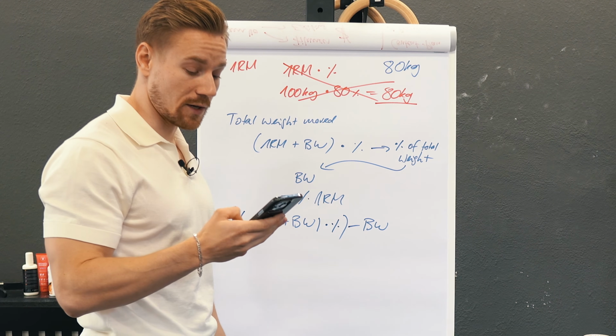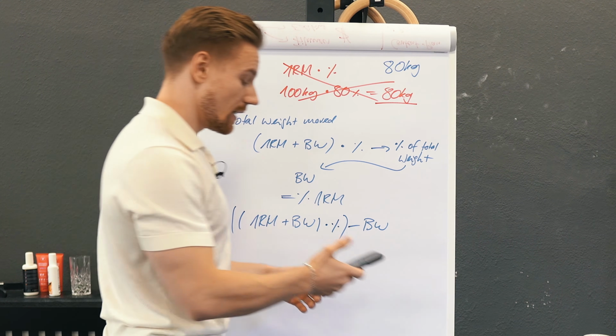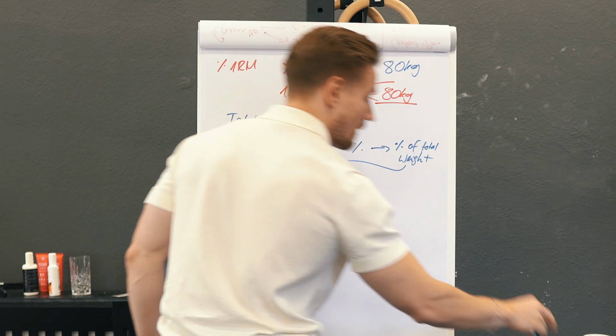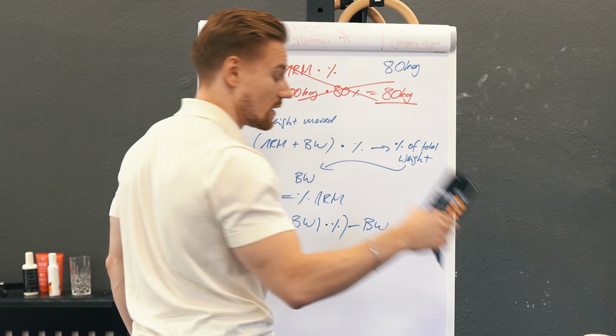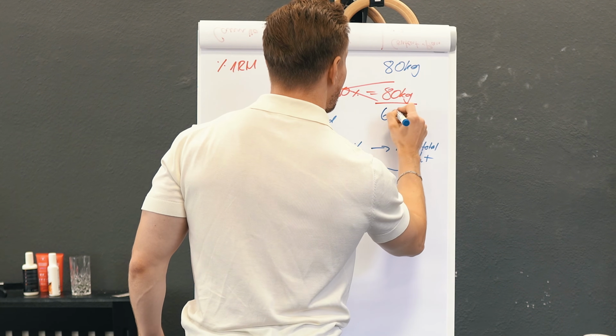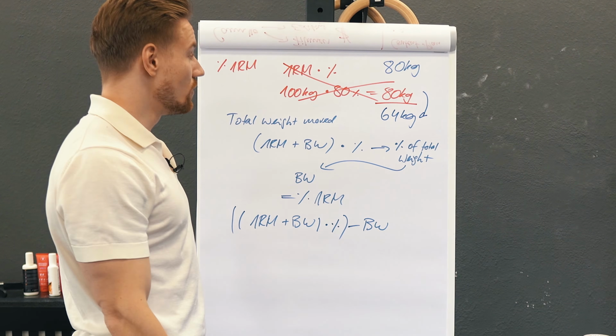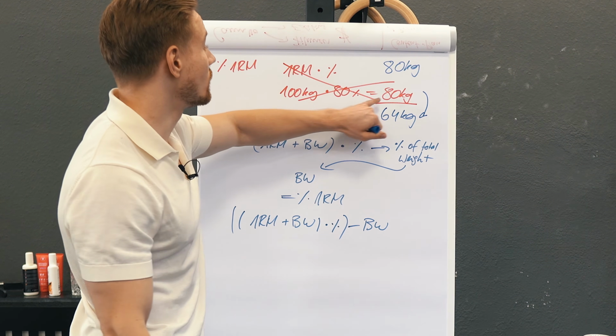And then we subtract the body weight again of 80 kg. So in this case, we're having a value of 64 kg. As you can see, a huge difference compared to this value.